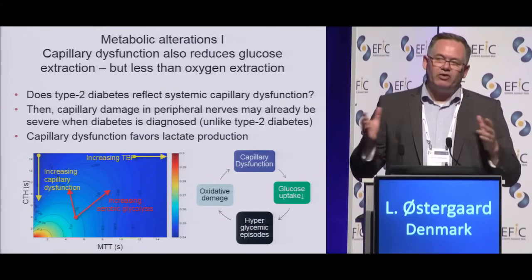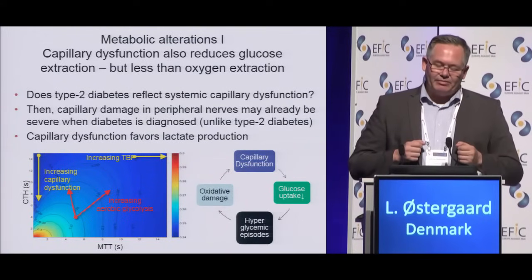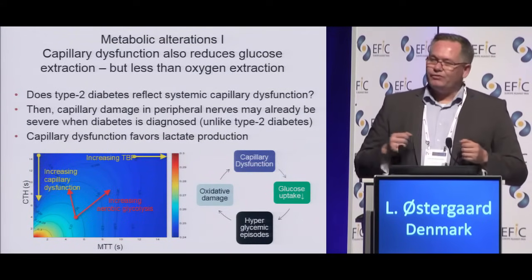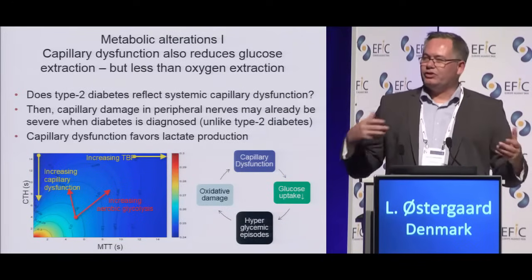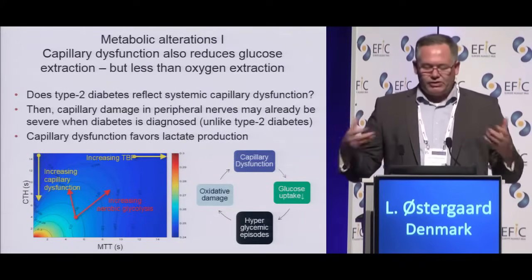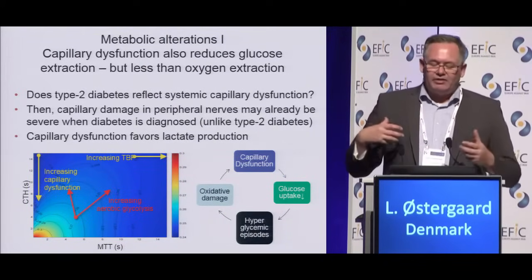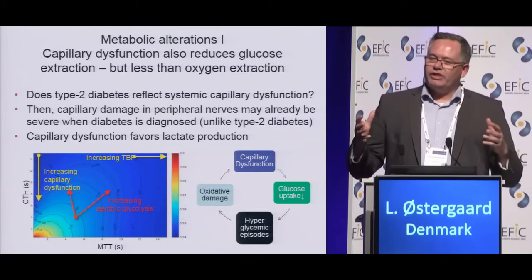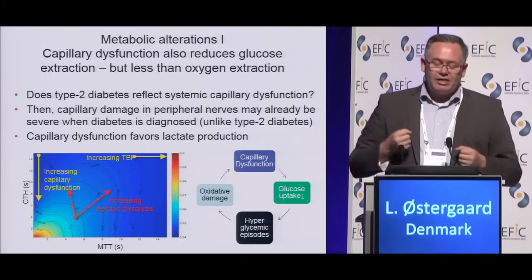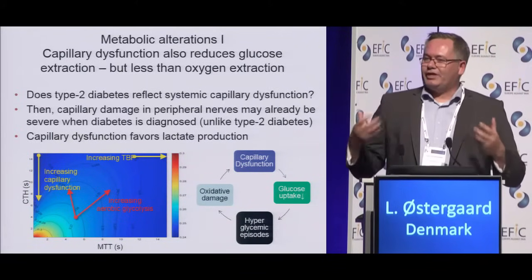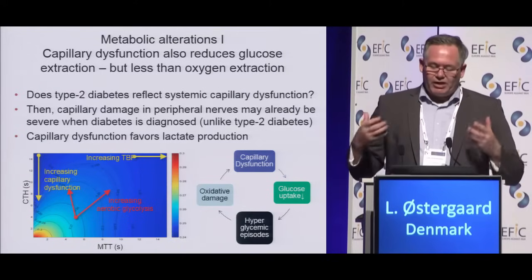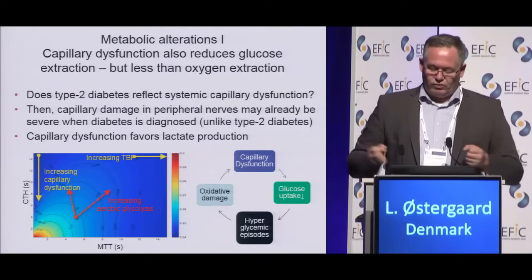So there's a few very important take-homes from that, namely that if, because of hypertension, age and so forth, hypercholesterolemia, you develop capillary flow changes around your body, then that's going to affect your ability to take up oxygen and glucose.